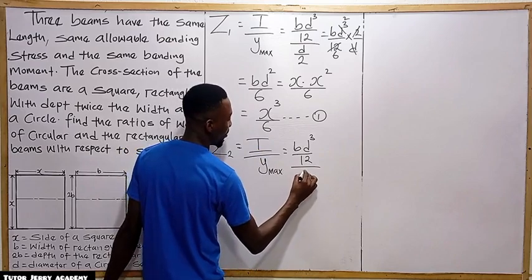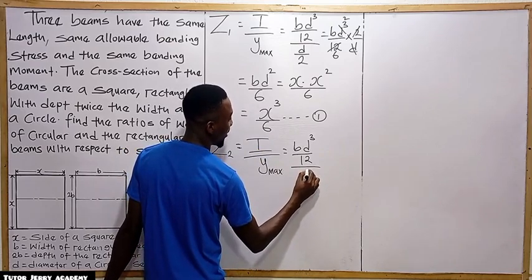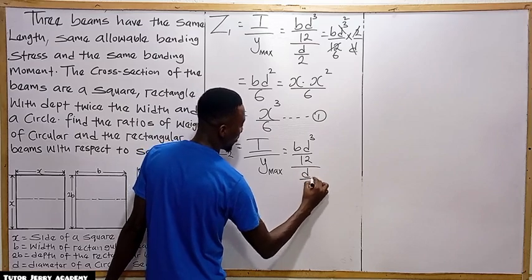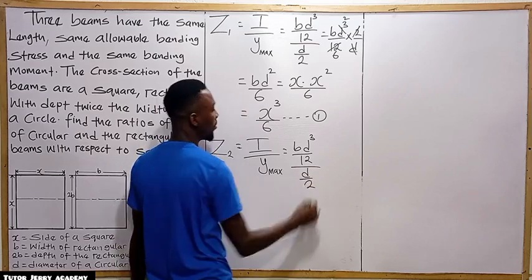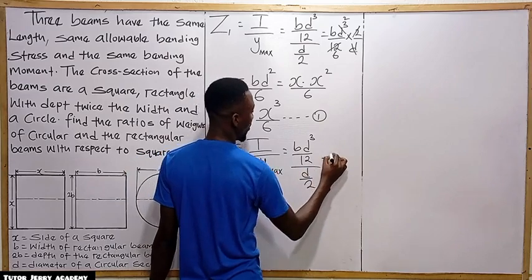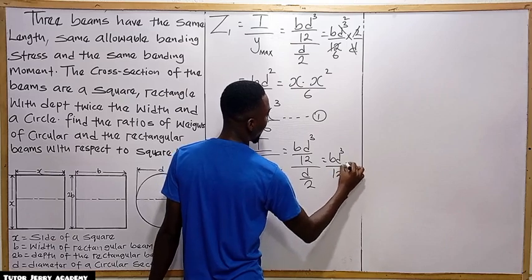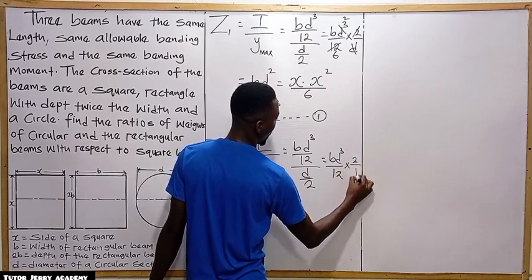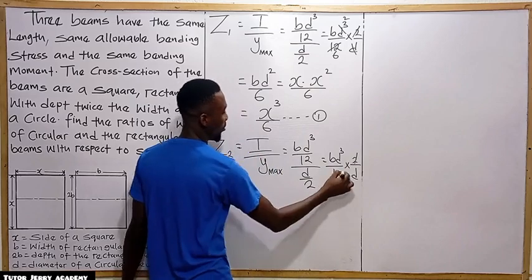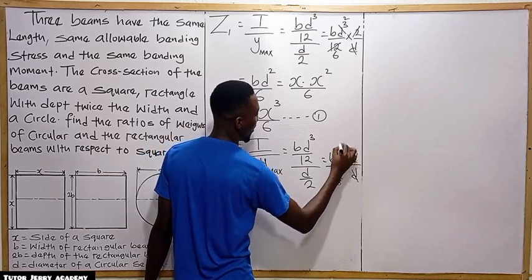So this is going to be d divided by 2. So this will be equal to bd cubed over 12 multiplied by 2 over d. 2 here 1, 2 here 6, d here 1, d here 2.